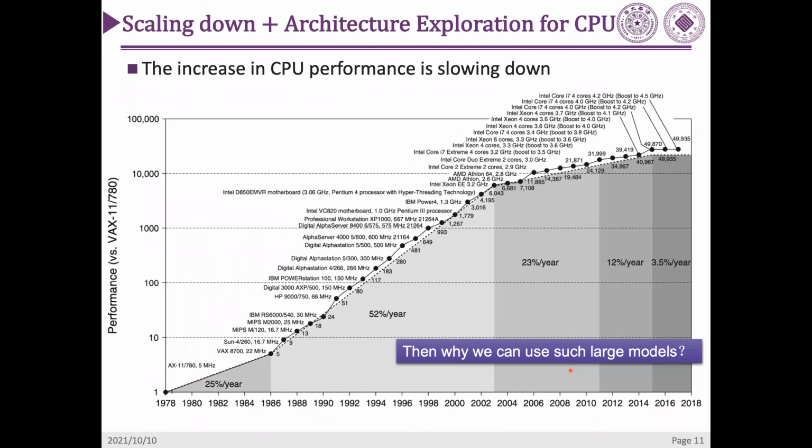So we can see why don't we use the CPU? Why can we use such large models on the CPU? The increase of CPU performance actually is slowing down. It is really difficult to cope with the extremely high performance requirements of the deep learning.